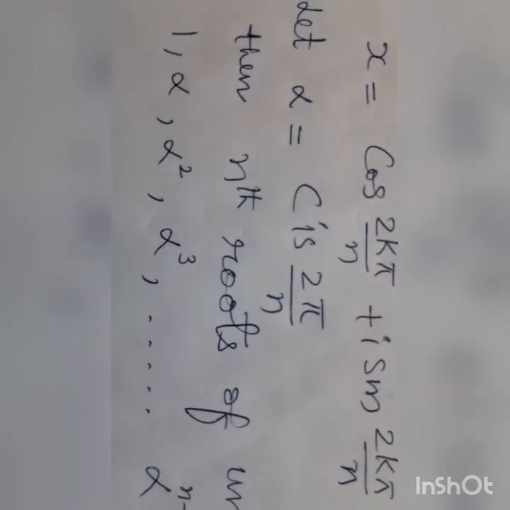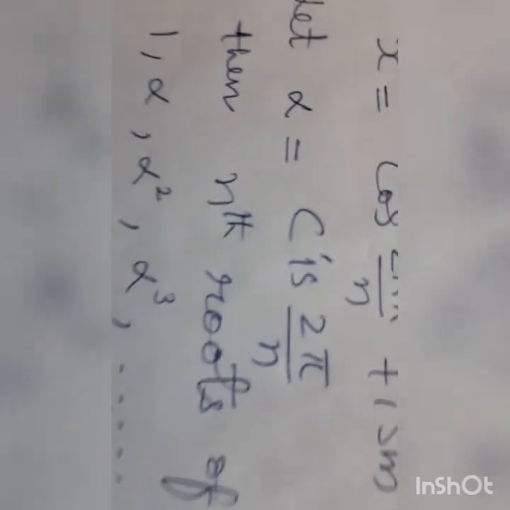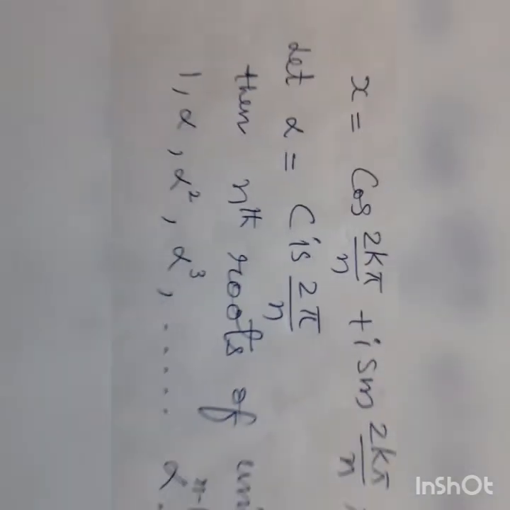These roots are called the nth roots of unity: 1, alpha square, alpha cube, and so on, alpha to the power n minus 1, where alpha is cis 2π/n.